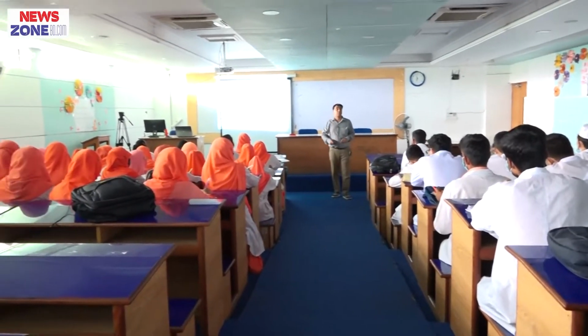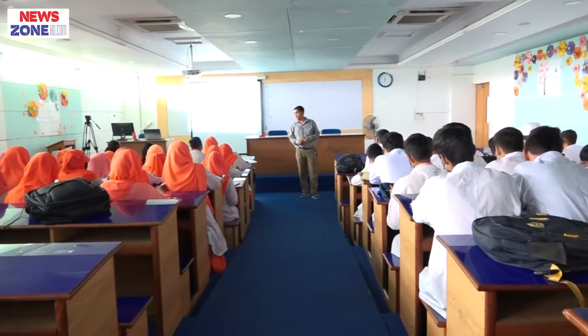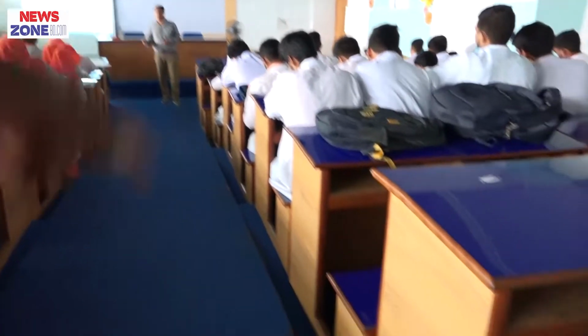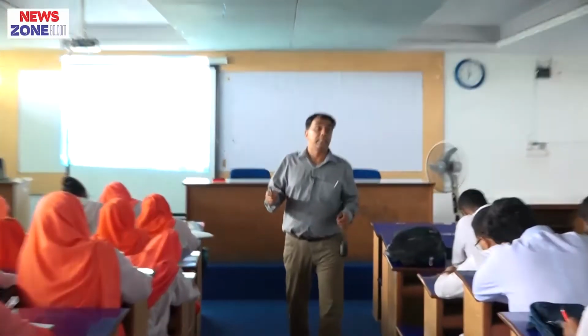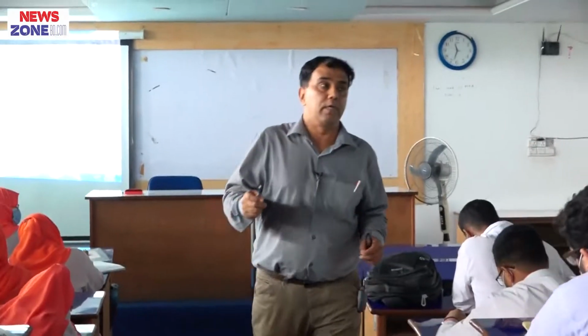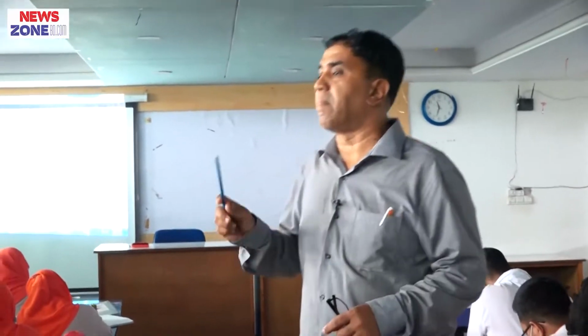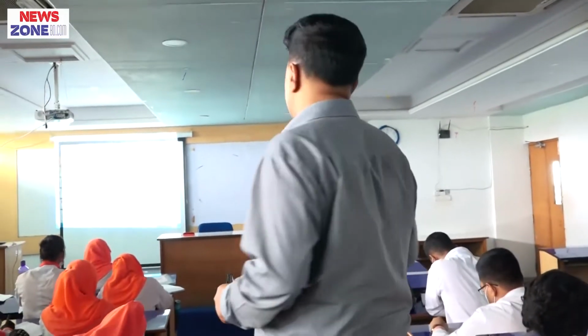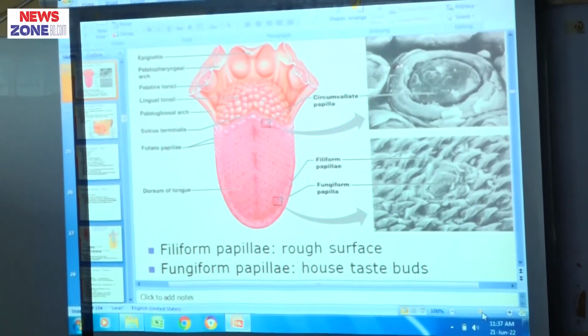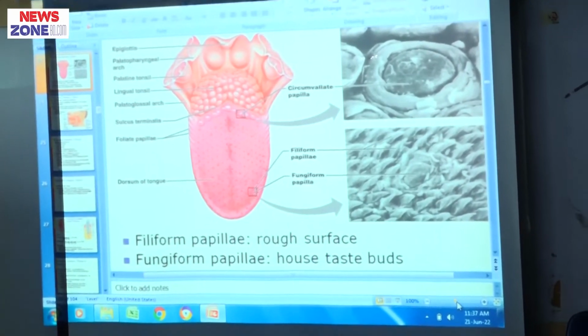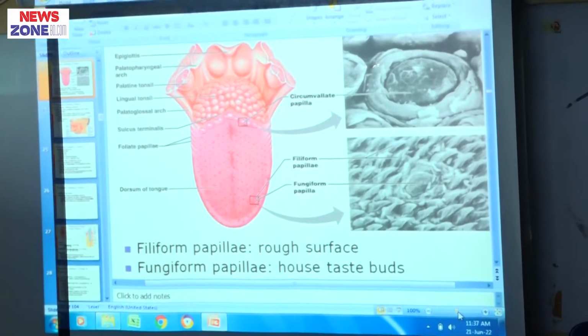Now, muscles of the tongue. Previously I discussed that the tongue is a hollow conical muscular organ, so obviously there are some muscles in the tongue. These are voluntary muscles, and histologically they are skeletal in nature. Which type of muscle is present in the tongue?